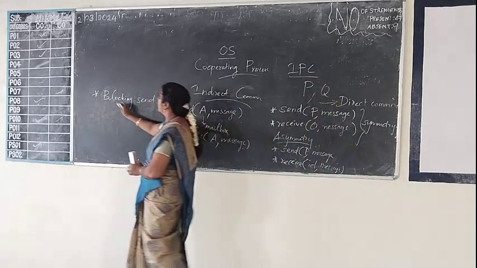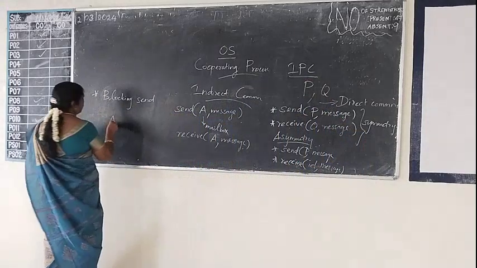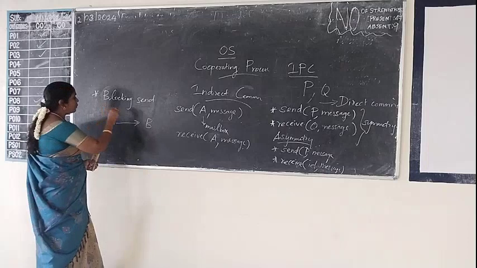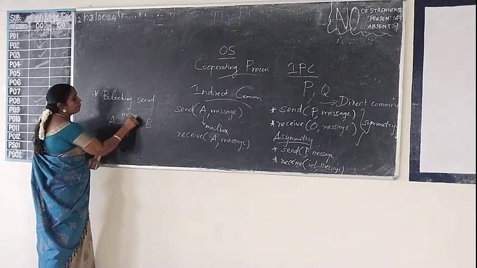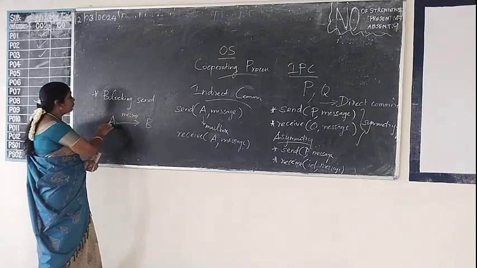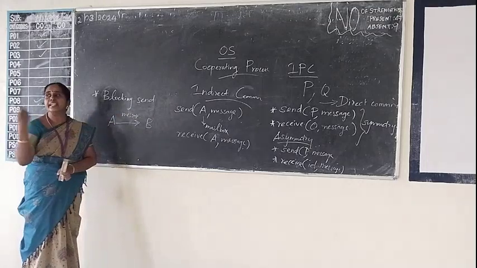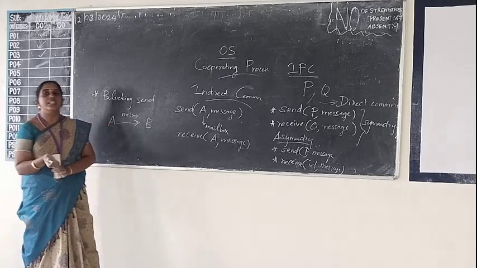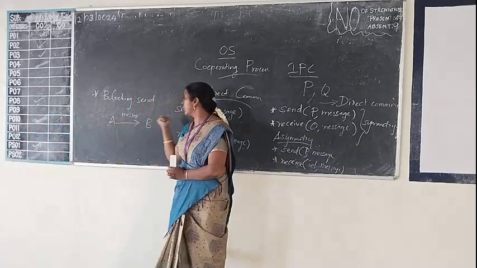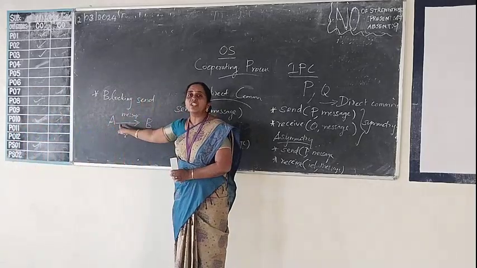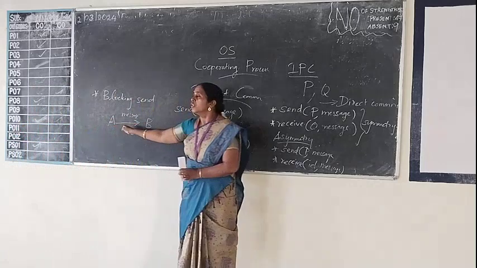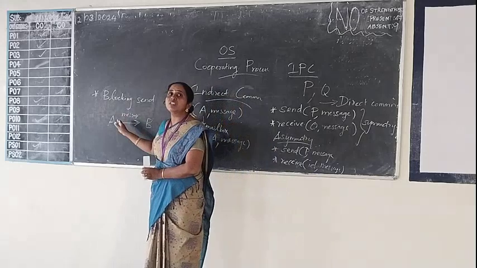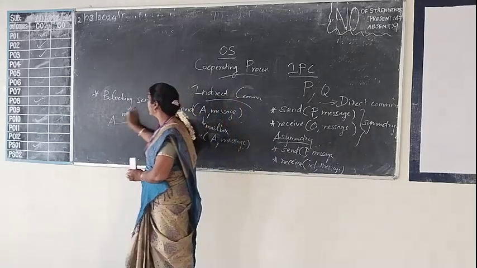Because if one process is sending a message to another, after receiving the particular message, only then is the sender allowed to send the next message or new message. So this is called blocking send. Here, there are no messages existing in the communication link between the two classes. So in the blocking send, the sending process is blocked until the message is received by the receiver.